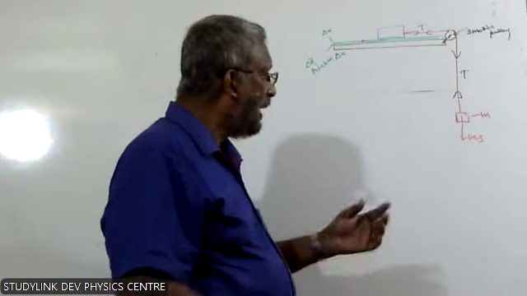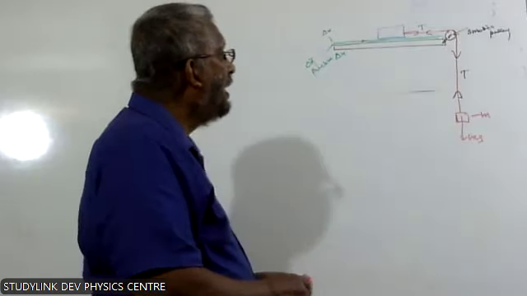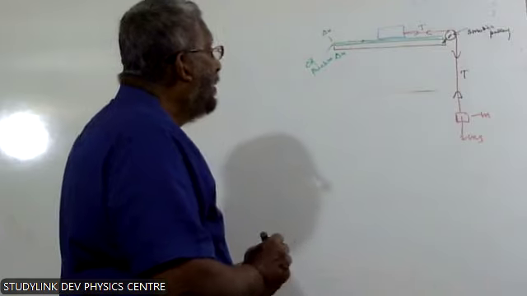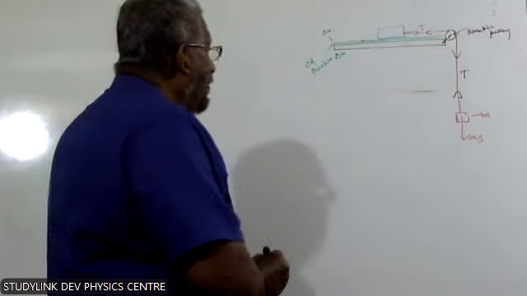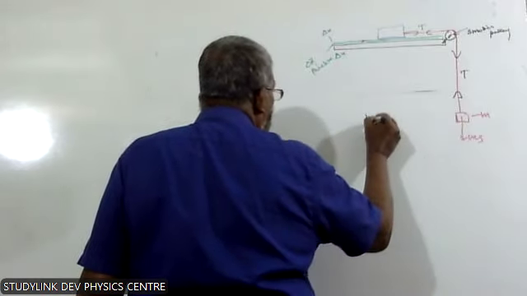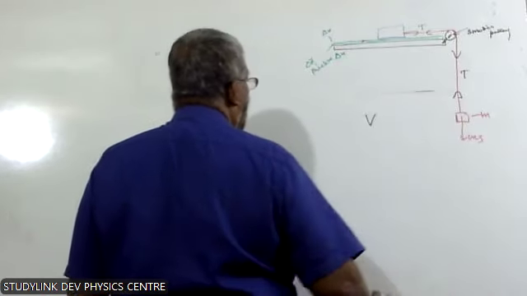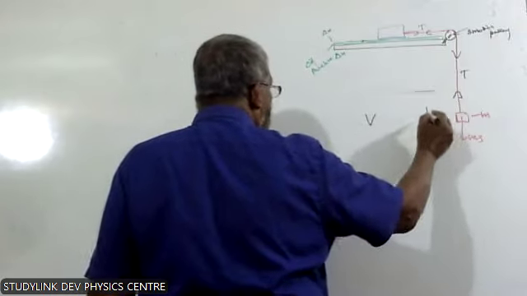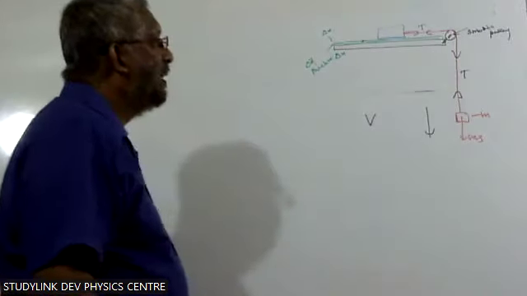And I'm saying that the weight is moving with a constant velocity, simply V. It's moving down with constant velocity.